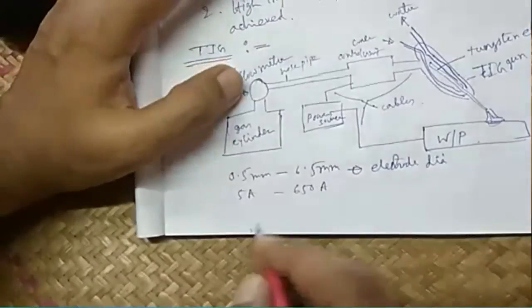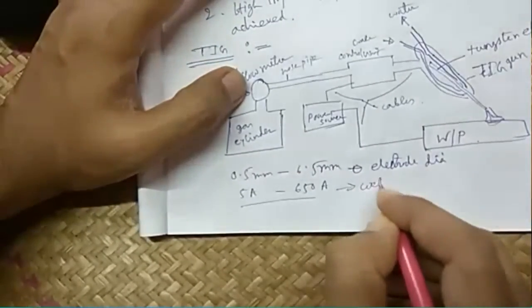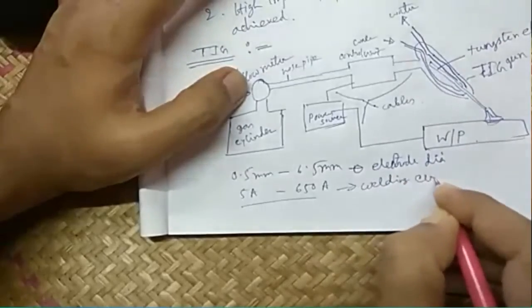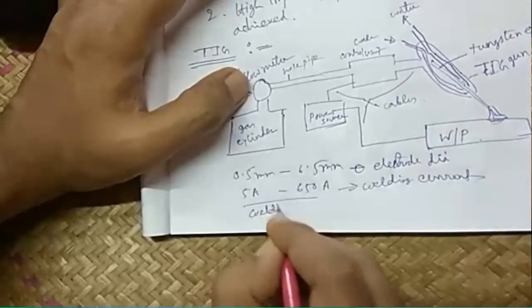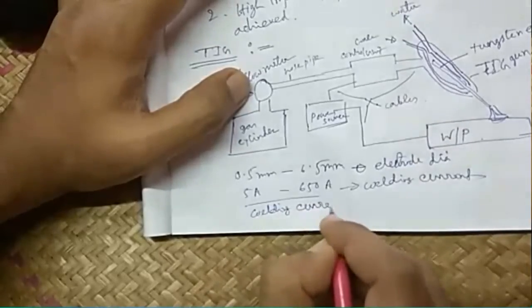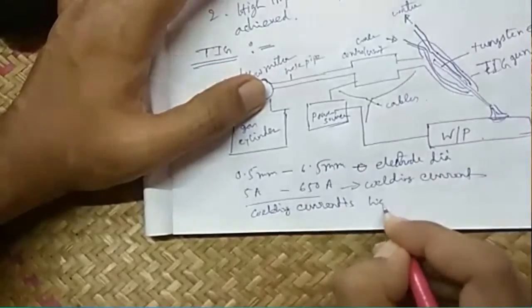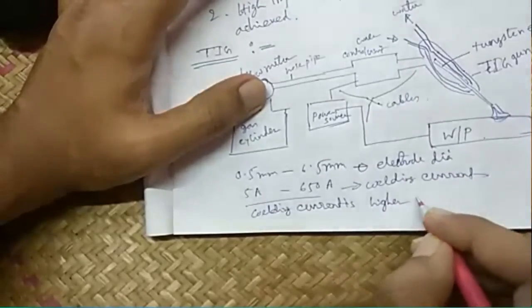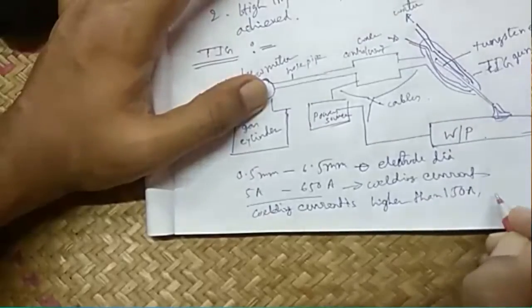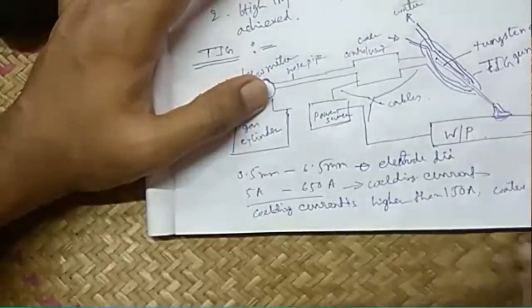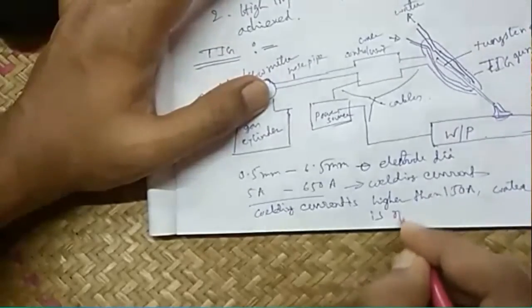And this is the welding current. If the welding current is higher than 150 ampere, water cooling is a must.